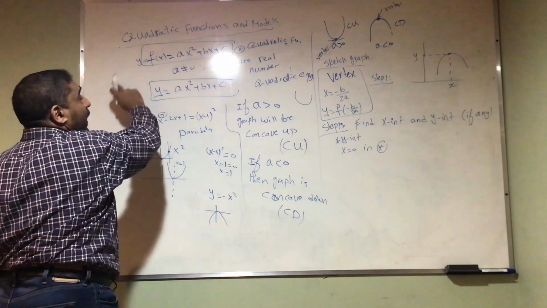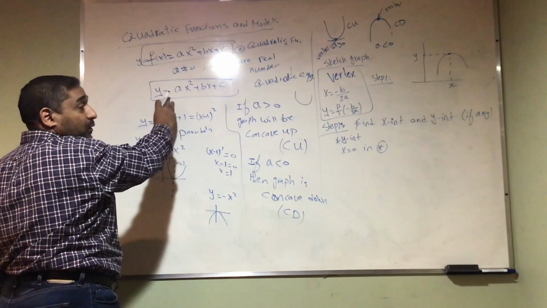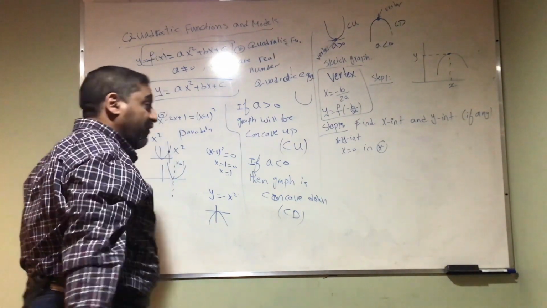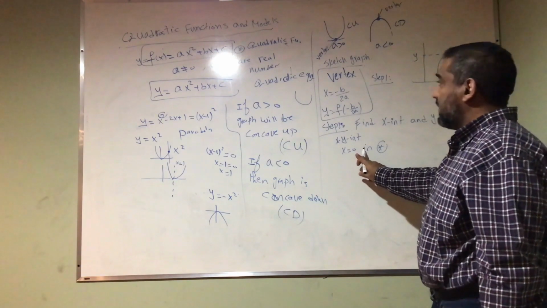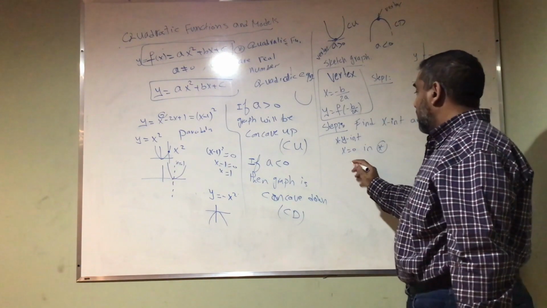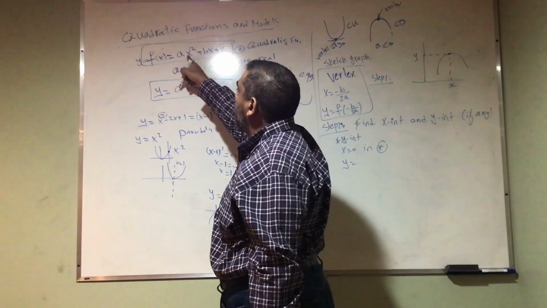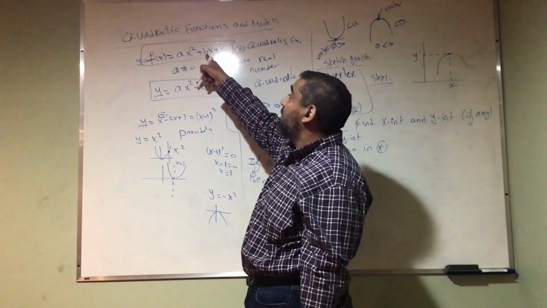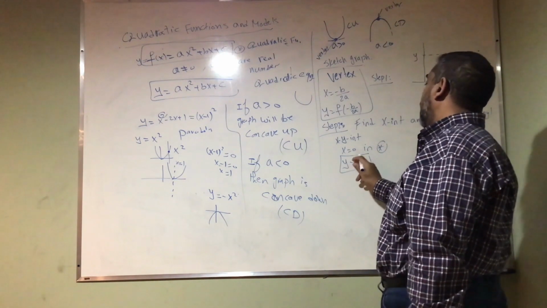F of x equals y, because we figured out the quadratic equation is nothing but a quadratic function by using the vertical line test. So if I put x equals 0 in star, what did you get? What is your y? Just replace x by 0, this term becomes 0. This term also becomes 0. What did you get? You get c. So that is your c here, that is your y-intercept.